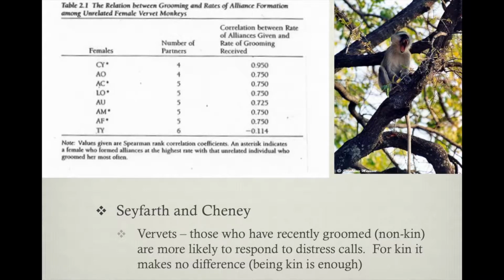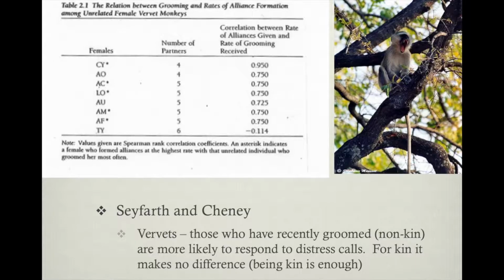Seyfarth and Cheney studied these alliance formation events among vervet monkeys. And what they found was that vervets who have recently groomed, particularly among non-kin, or have recently been groomed, are more likely to respond to distress calls. For kin, it doesn't matter whether you've groomed recently or not. So if a vervet monkey gives an alarm call, and you're tracking who comes to their aid, kin will always respond.